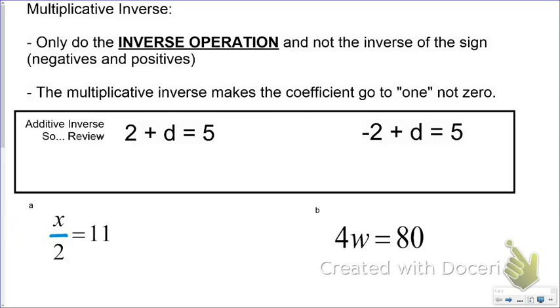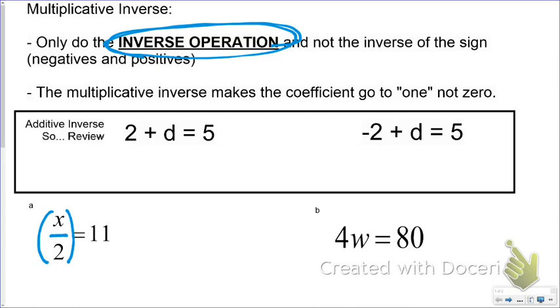Well, what is the inverse operation of division? The answer is multiplication. So to isolate the variable x in this case, I'm going to show multiplication of the operation. And what am I going to multiply by? The number that I'm dividing by.